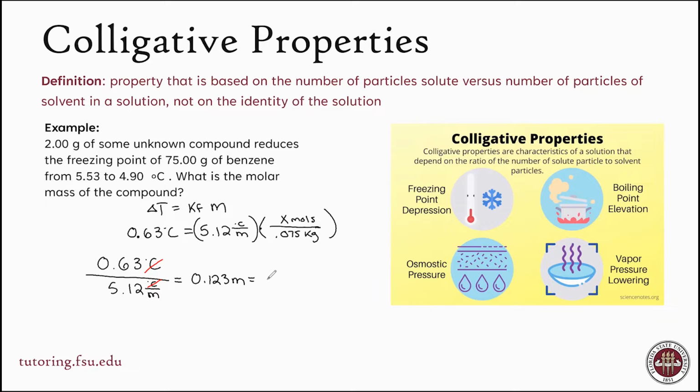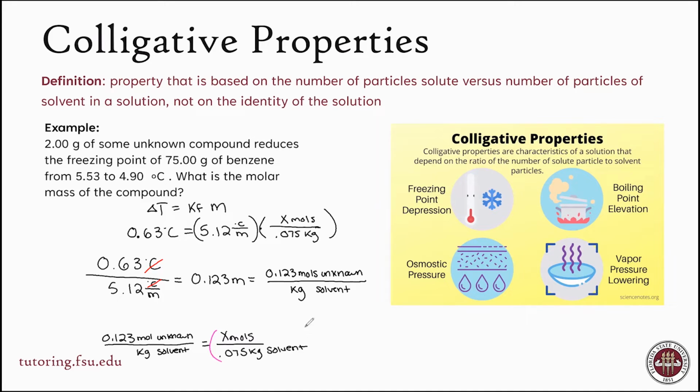This m, once again, means 0.123 moles unknown divided by kilogram of solvent. So now we have 0.123 mole unknown divided by a kilogram of solvent is equal to X moles over 0.075 kilogram of solvent.